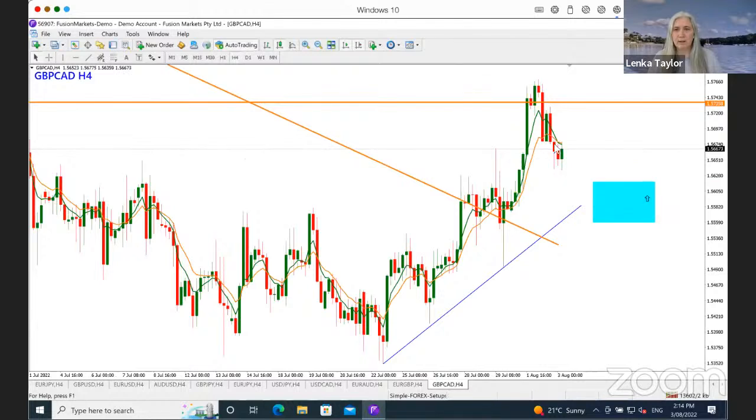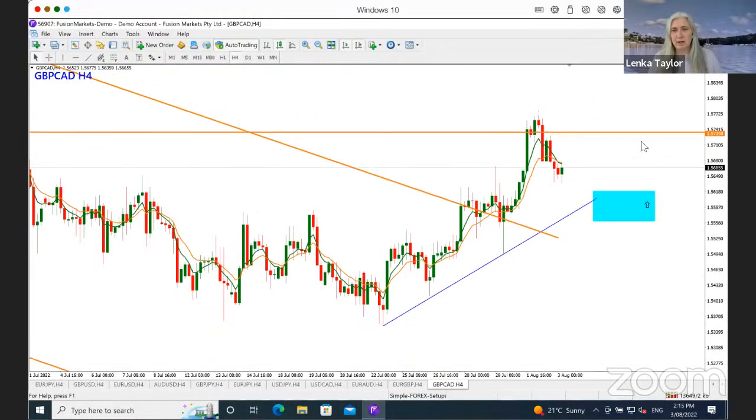On the 4 hourly, I would like to see the pullback to the previous trend line here, because that would give us enough room. If there is price action in this area, we would be able to take at least 1-to-1 partial profit before that level of previous support.